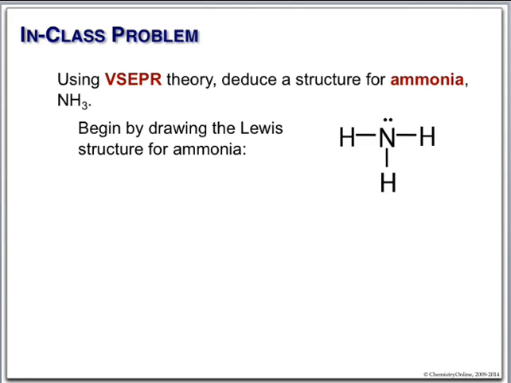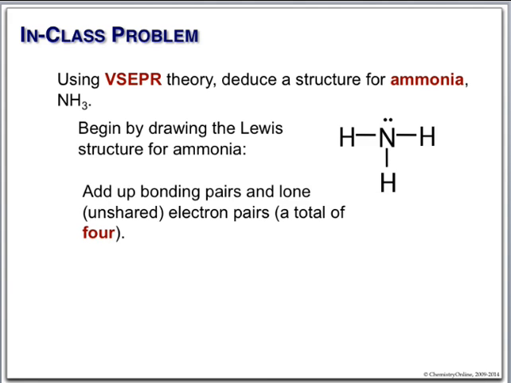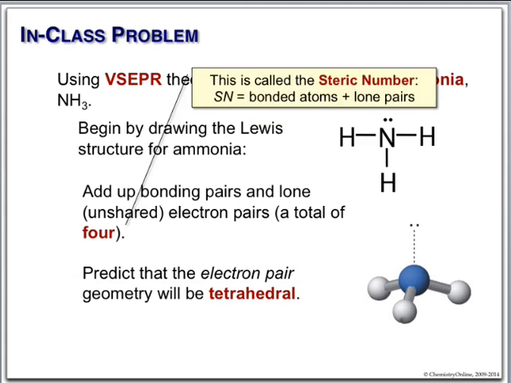The way to do that is to take our 4 groups and arrange them in a tetrahedron. If you just look at the atoms, this looks like it's a little tiny pyramid. But if you count the electron pair here, this is tetrahedral.